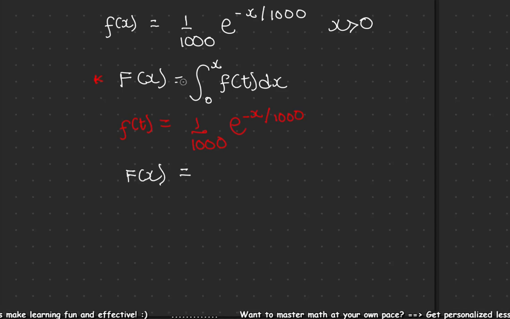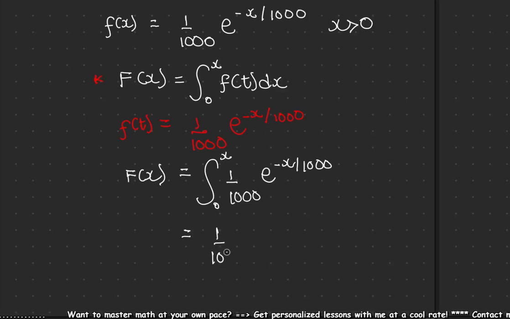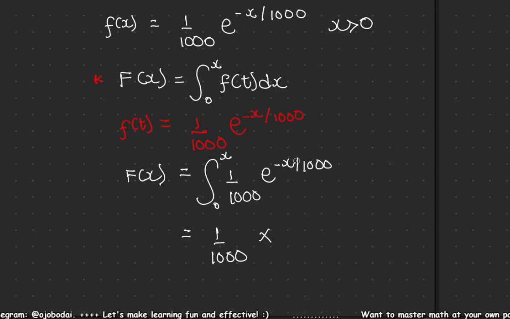If we have to integrate this, this 1 over 1,000 is a constant, so it still remains as it is. Then we have the integral of the exponential. We are going to differentiate the exponent and then divide by it.